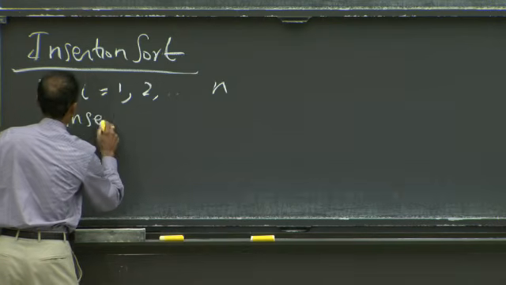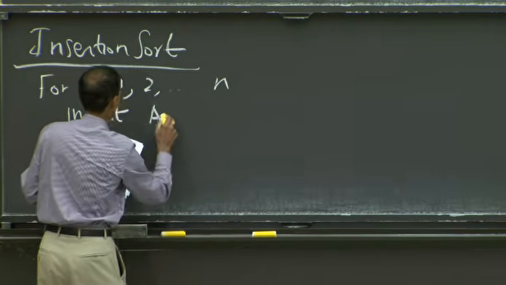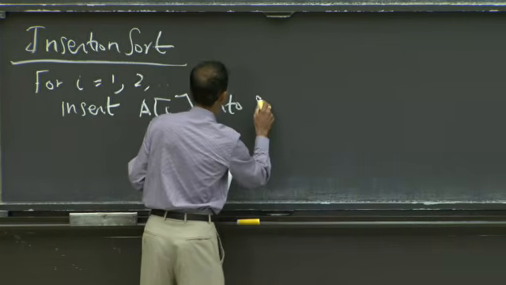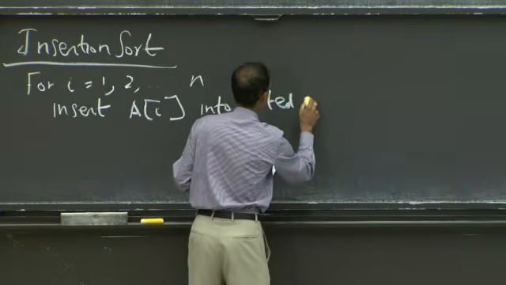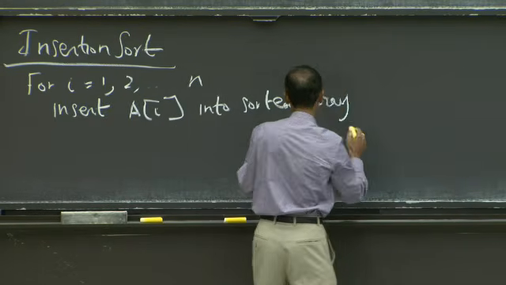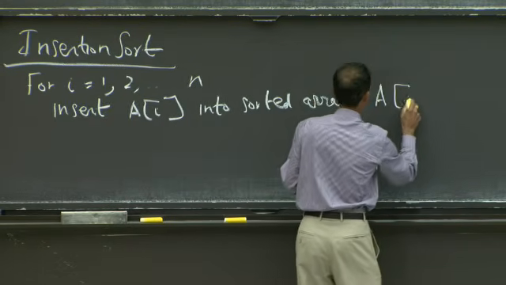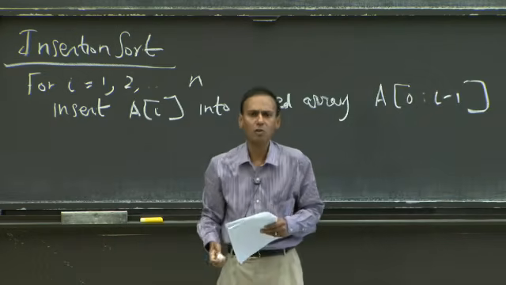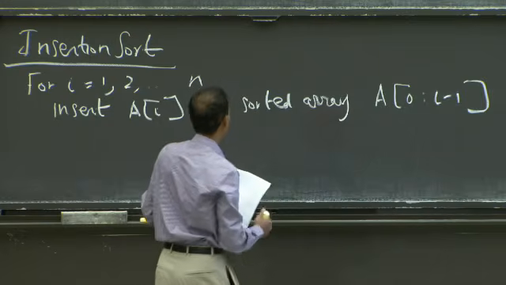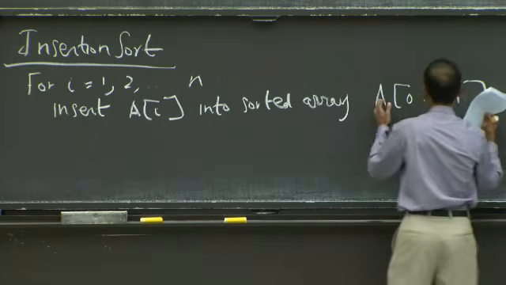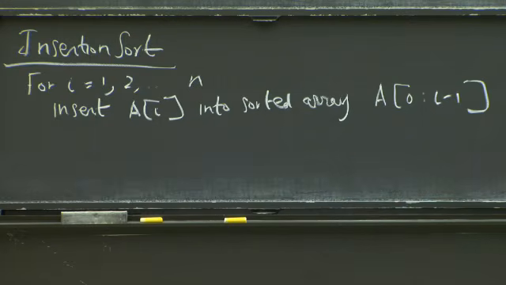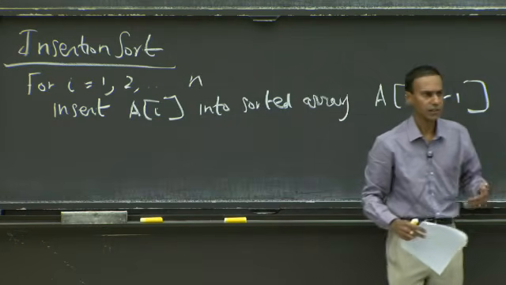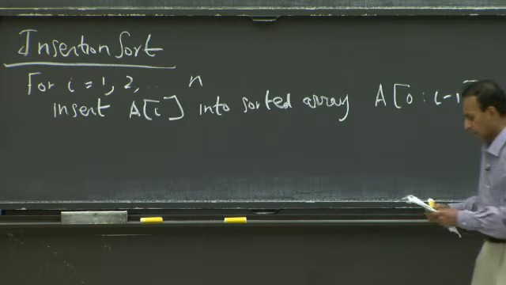what we're going to do is insert a of i in the right position, and we're going to assume that we are sort of midway through the sorting process where we have sorted a 0 through i minus 1, and we're going to expand this array to have i plus 1 elements, and a of i is going to get inserted into the correct position.